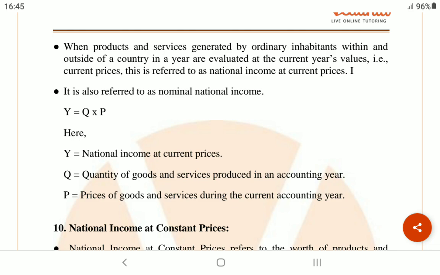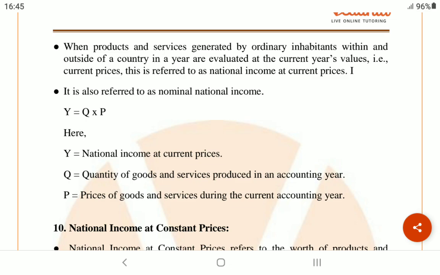It is also known as nominal national income. Y is equal to Q into P is the formula. Here Y is the national income at current price, Q is the quantity of goods and services produced in an accounting year, and P is the prices of goods and services during the current accounting year. Okay, so this is the formula.